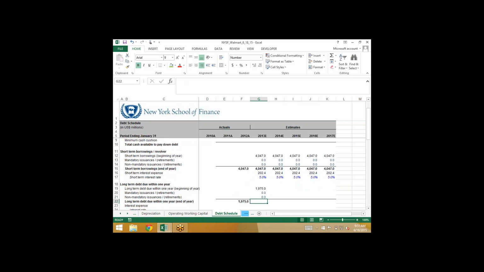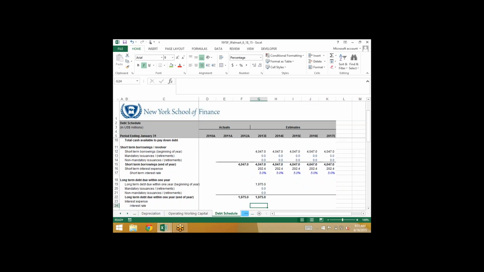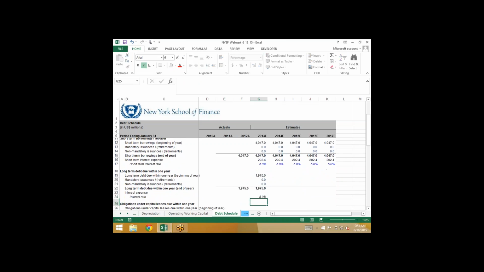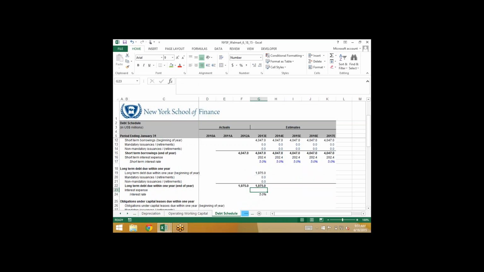Issuances, retirements, 0. Sum everything up. Let's just keep the interest at 5% for now and calculate the average. Copy to the right.